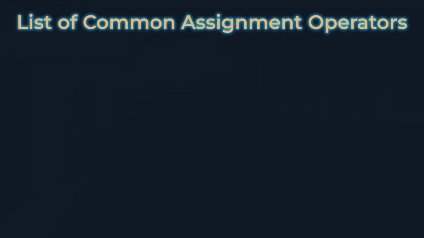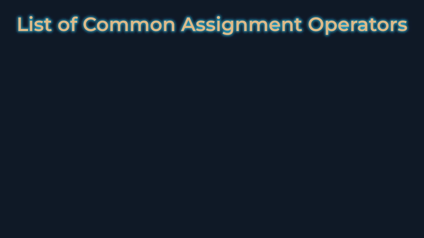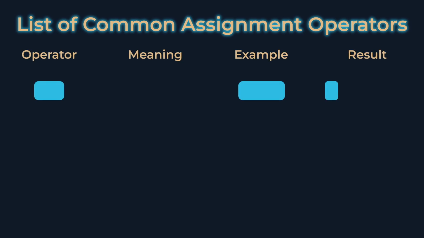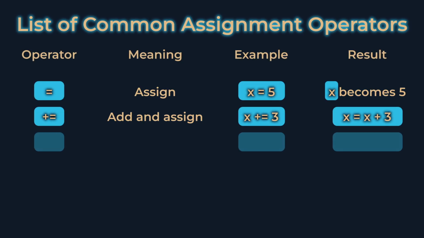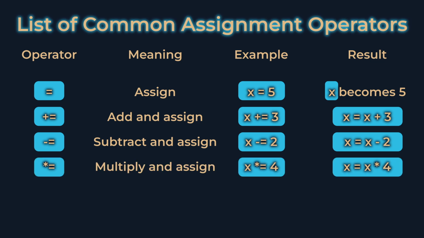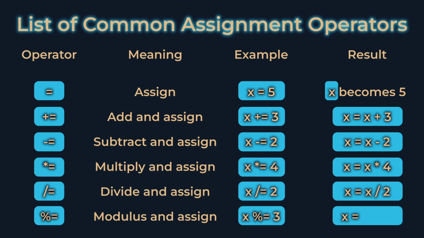It's cleaner, faster, and very common in real-world JavaScript. Let's break down the most important assignment operators. You don't need to memorize them all right away, but understanding what they do will save you a lot of time when writing real code.